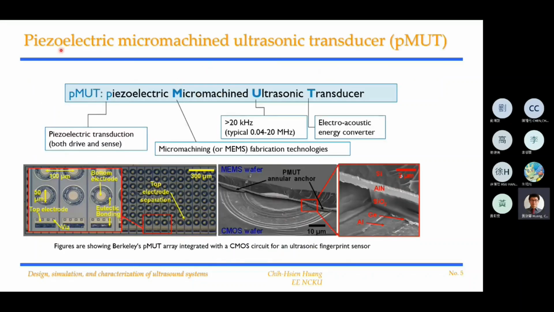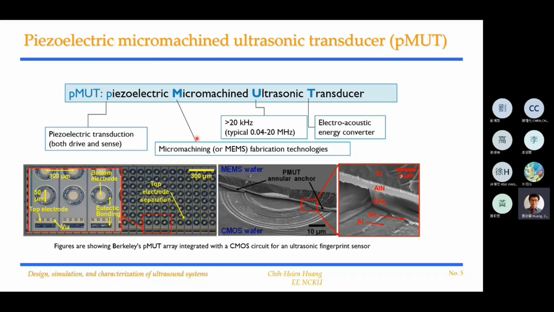So now we are going to introduce the structure of the piezoelectric micromachined ultrasonic transducer. Here P stands for piezoelectric material, and we typically use the piezoelectric effect for both drive and sensing, so it can serve as a transmitter and also as a receiver. And micromachined, as we mentioned in the MEMS course, refers to techniques other than the microfabrication used for semiconductor devices.